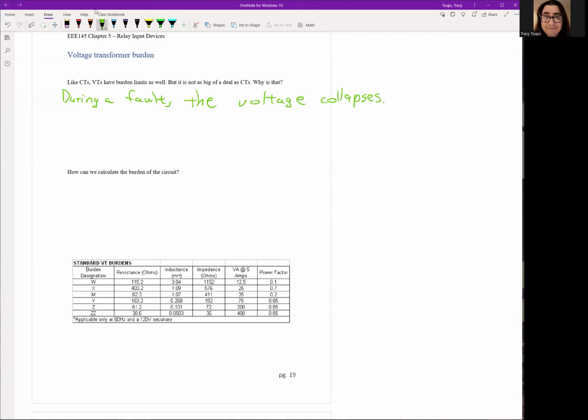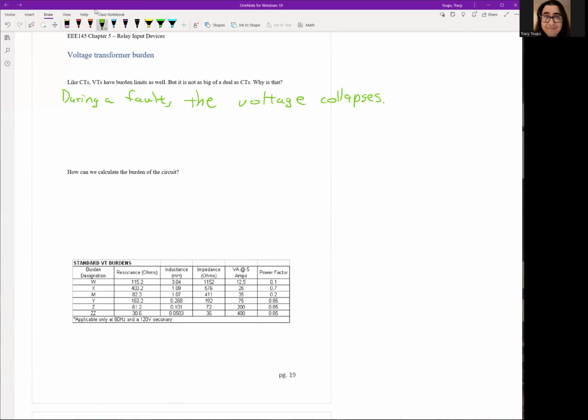But during a fault, the voltage goes down. When the voltage goes down, there's going to be less current flowing through a circuit. So we actually unload the voltage transformer during a fault. Ironically, the voltage transformer is the most loaded under normal conditions. And when a fault happens, we actually make it easier for the VT circuit.